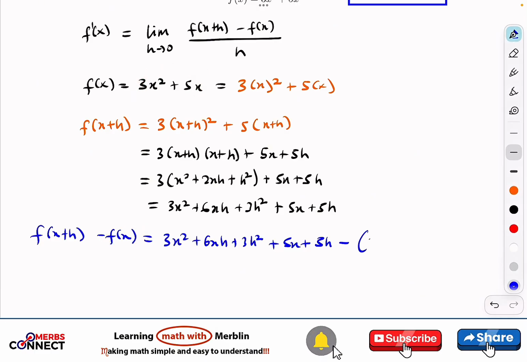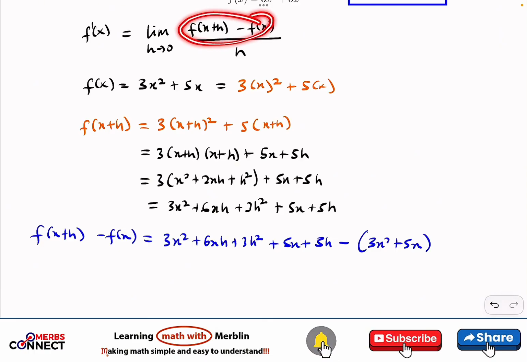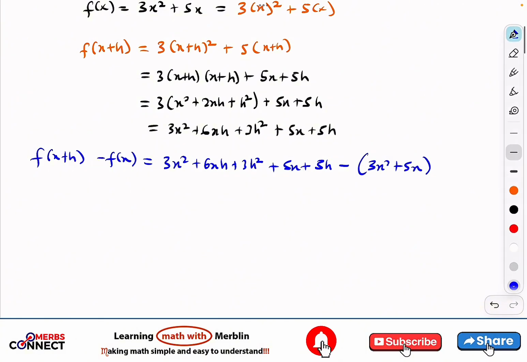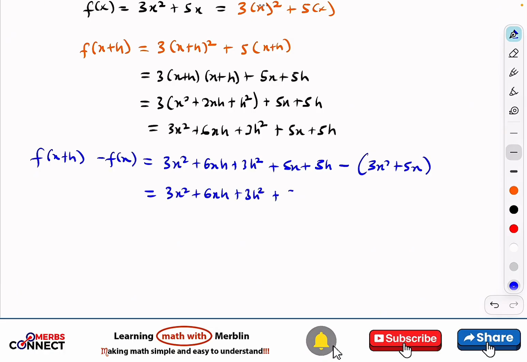So I'm going to have 3x squared plus 5x. So writing this is going to help you to simplify the function before you put it here, right? So it's very simple for us to do that. So now this is going to give us 3x squared plus 6xh plus 3h squared plus 5x plus 5h. Distribute the minus through and have minus 3x squared minus 5x.